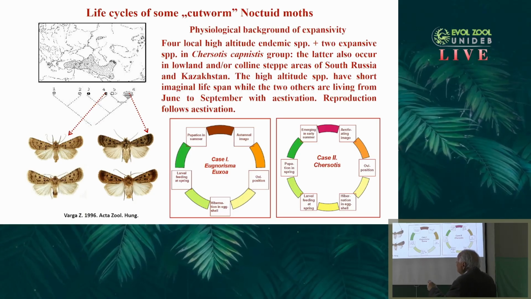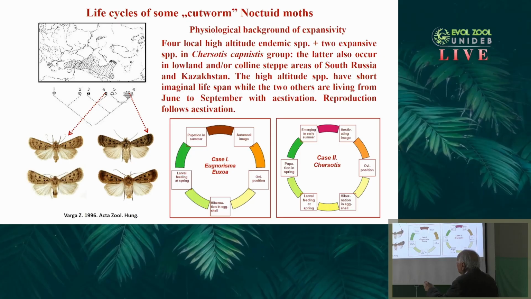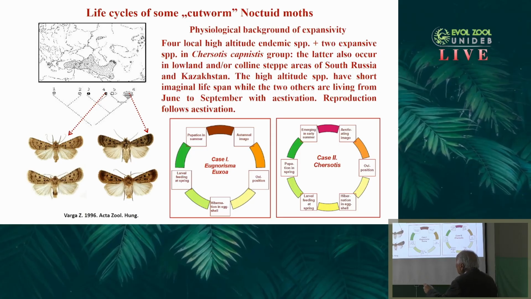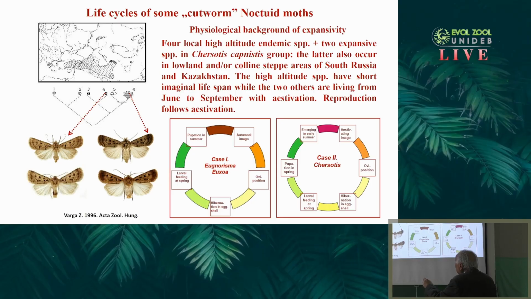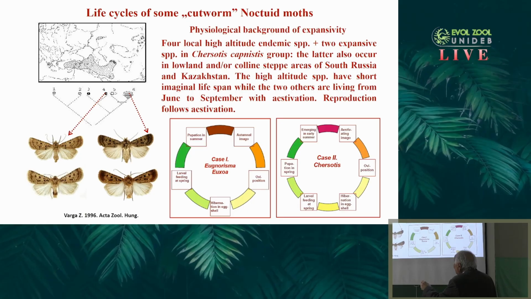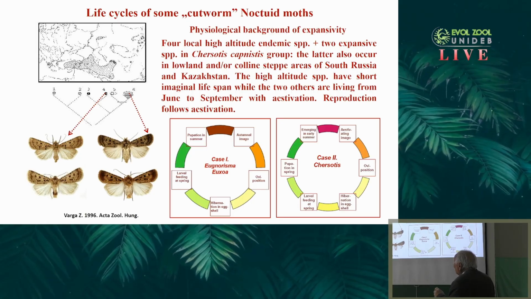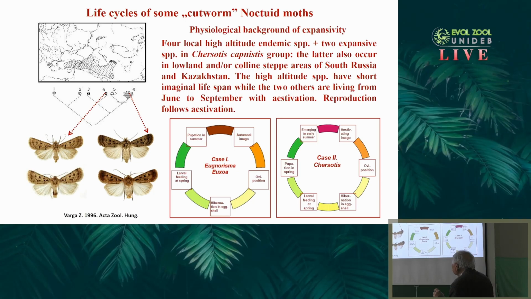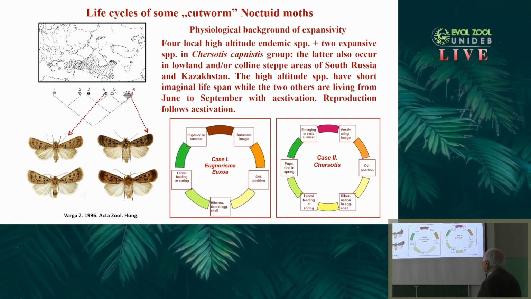The common physiological property of these 2 species are the thick and flattened abdomen full with fat bodies. And what is the explanation of this phenomenon?